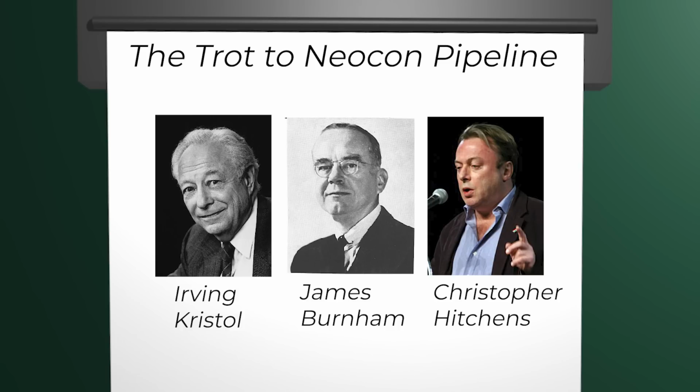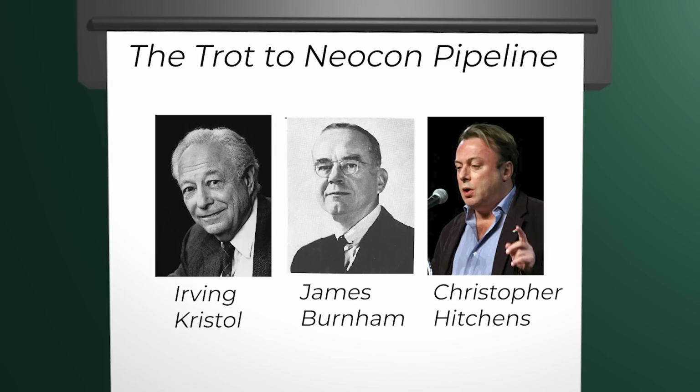These figures highlight how the Trotskyist belief in a redeemable worker state, despite corruption or degeneration, can align paradoxically with reactionary ideals. The logic of retaining a centralized authority, even for ostensibly progressive goals, opened the way for figures like Kristol and Burnham to later advocate for stronger state power as a bulwark against perceived threats to the social order, ultimately aligning with American imperialist and interventionist policies.